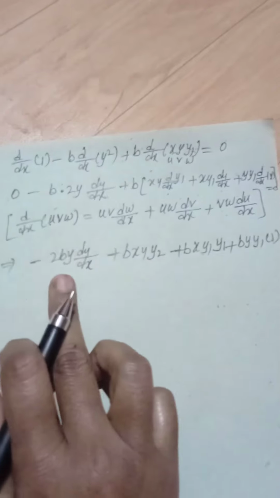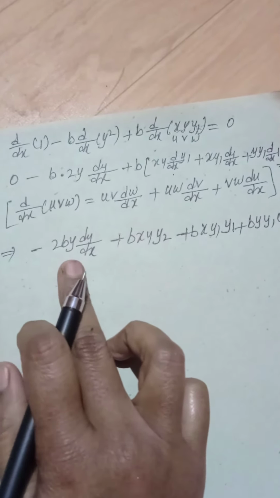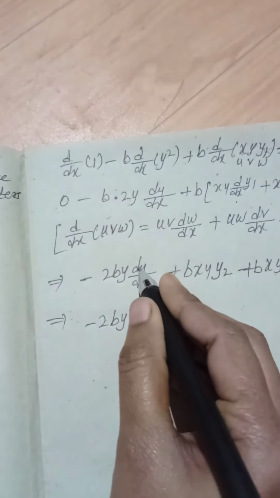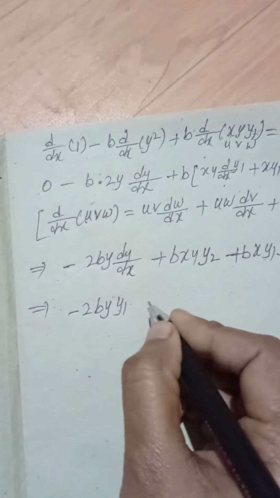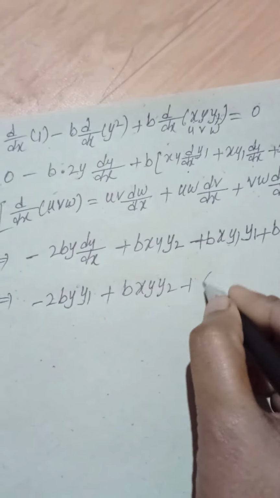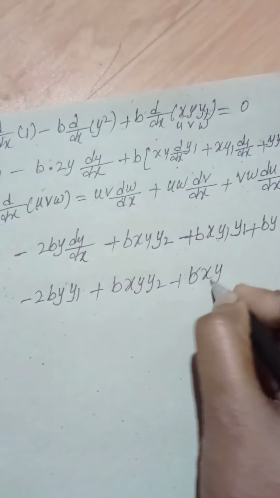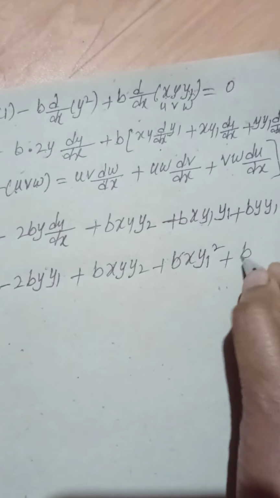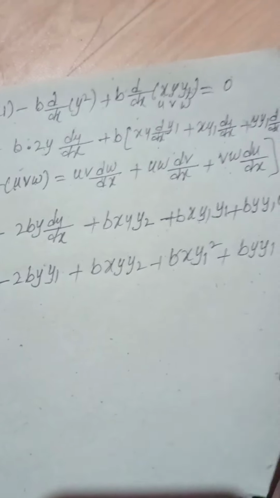This is nothing but minus 2b y dy by dx means y1, plus bxy y2 plus bx y1 into y1 square, plus by y1 equal to 0.